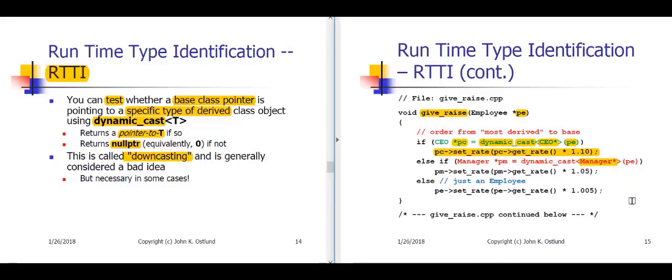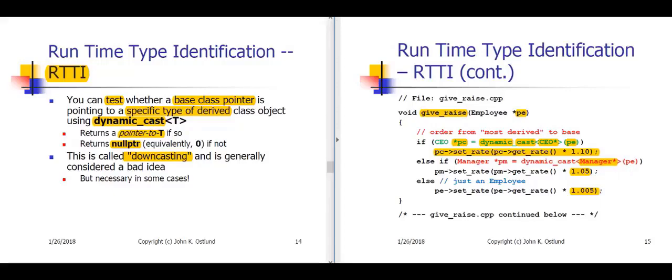If that employee pointer is pointing at a manager, then we're going to give the manager a 5% raise over what the manager currently has. Finally, our class hierarchy is only 3 levels deep, so if the pointer was not pointing at a CEO and also was not pointing at a manager, we must be pointing at a regular employee, and so we'll give a 0.5% raise. Obviously, it's better to be a CEO, but this illustrates the idea of what's going on with the dynamic cast.